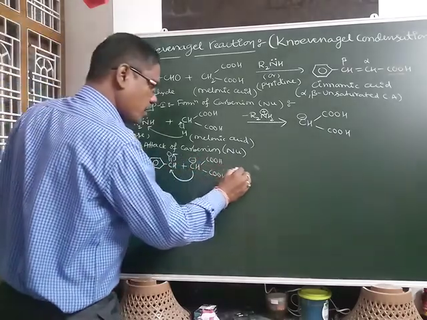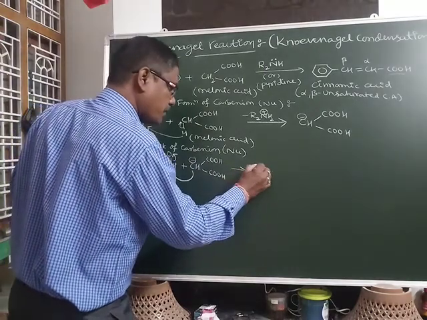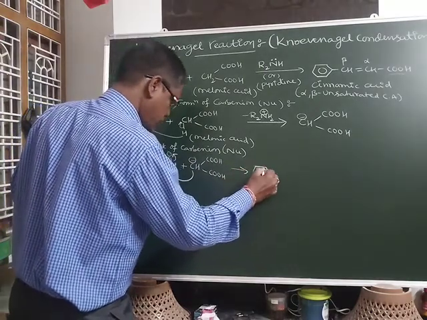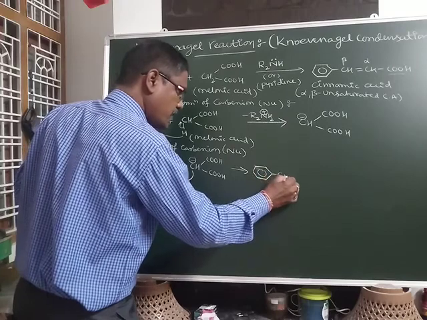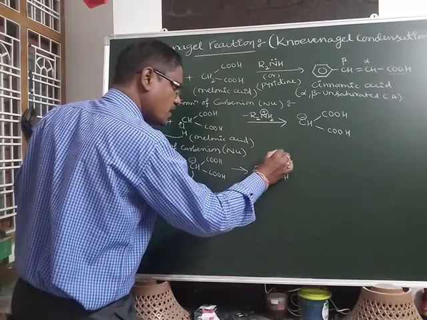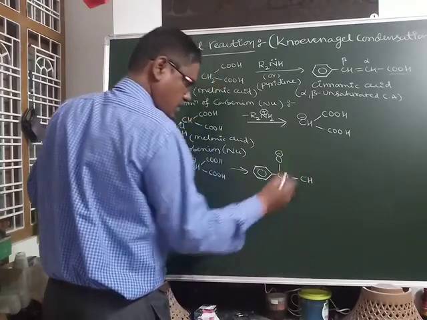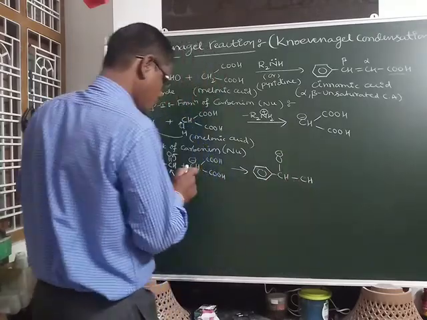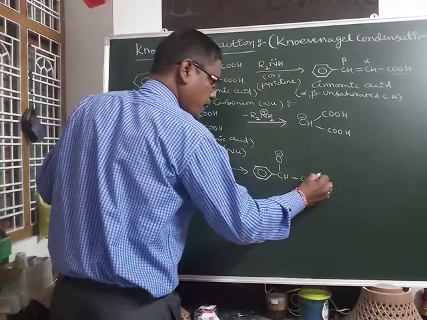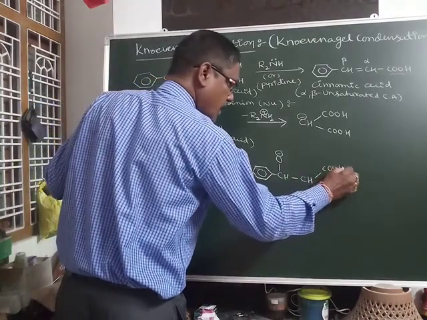Then this is the intermediate product. Benzene ring, here CH, O minus. Now a new bond from CH to CH, and COOH and COOH.